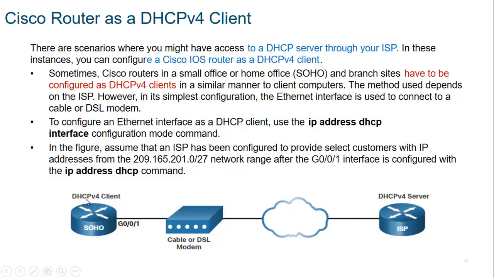In this example, let's assume that the ISP has been configured to provide select customers with IP addresses from the range 209.165.201.0/27 after the G0/0/1 interface is configured with the ip address dhcp command.